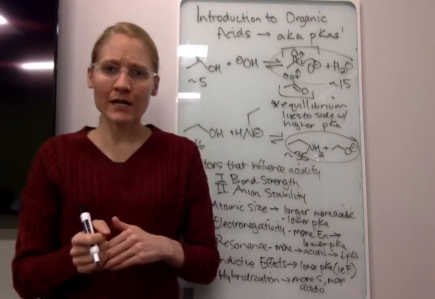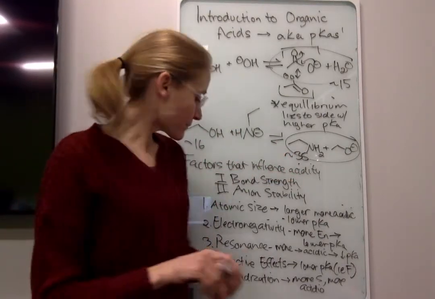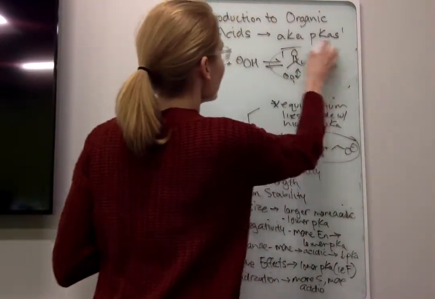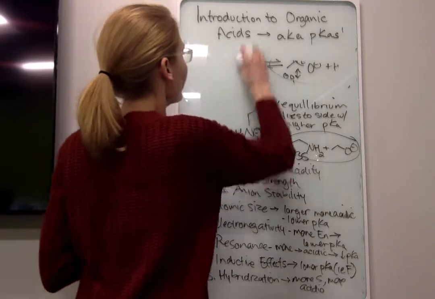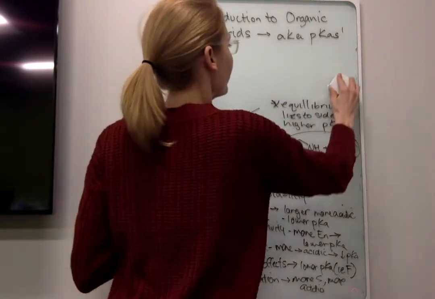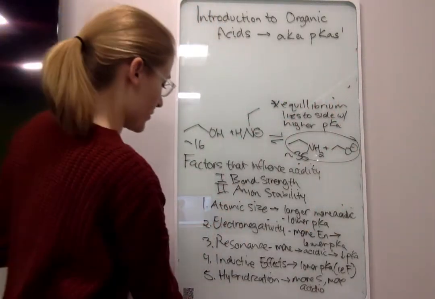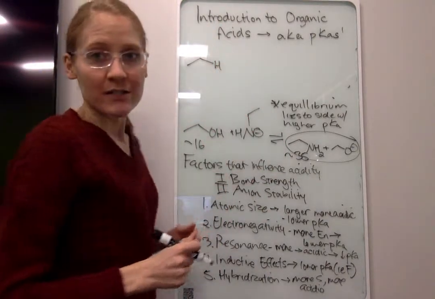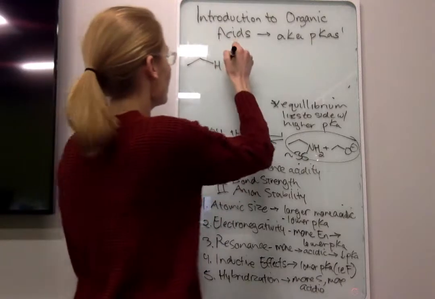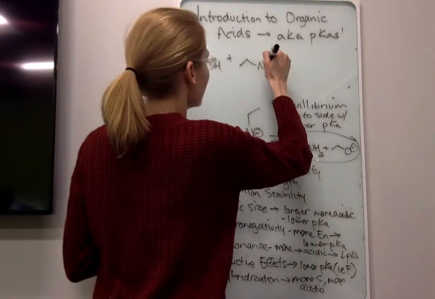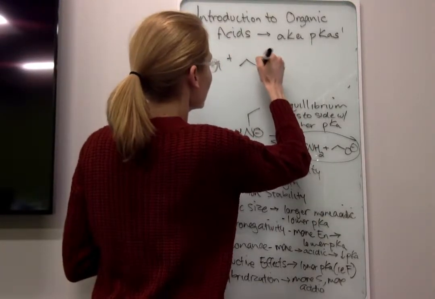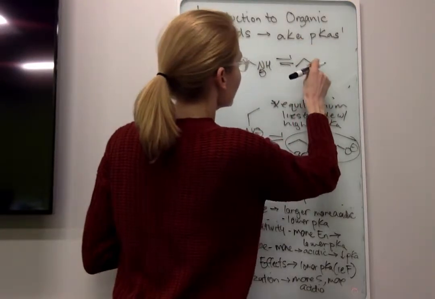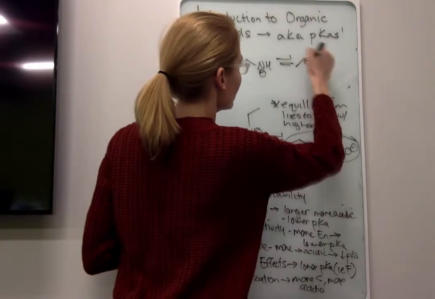Now we can take that one step further. If we want to deprotonate something on a carbon, that's going to be even harder. So with just that proton right there on ethanol plus our amine, remove that proton.